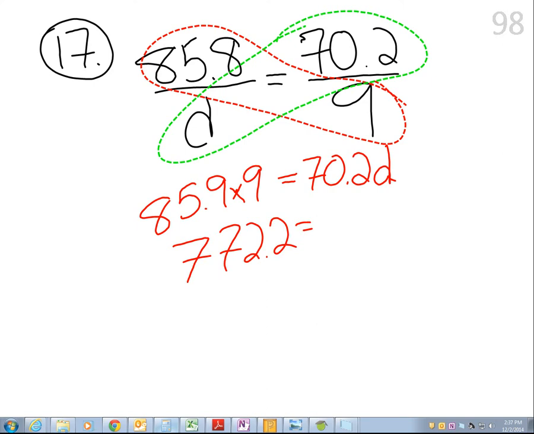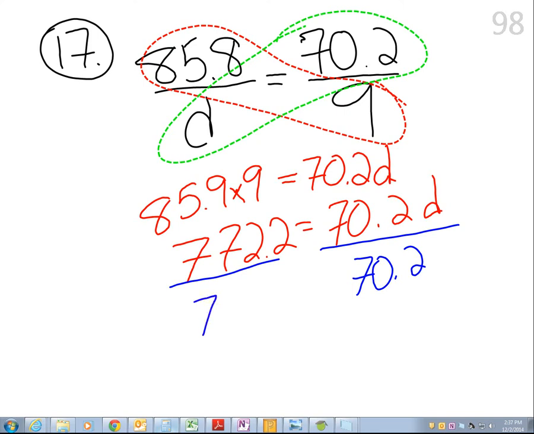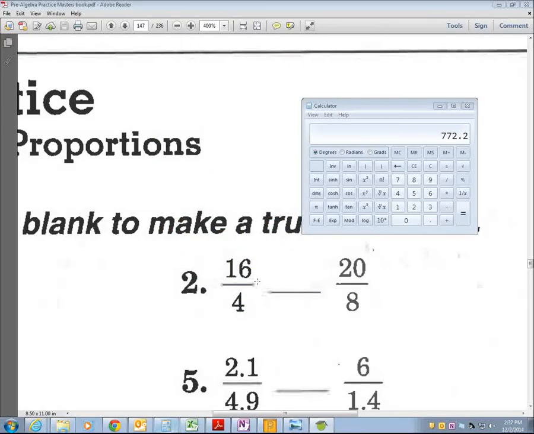772.2 equals 70.2 D. Now, in order to get D by itself, I have to divide each side by 70.2. So 772.2 divided by 70.2 equals 11.